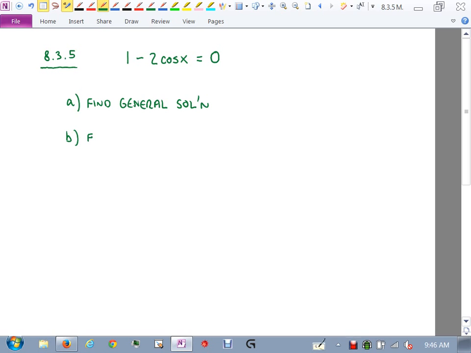B, find solutions on 0 to 2 pi. So that's exactly the way it would appear on the test.